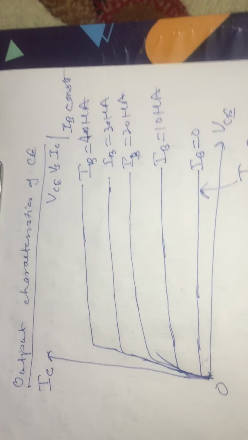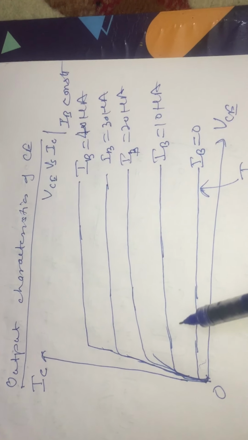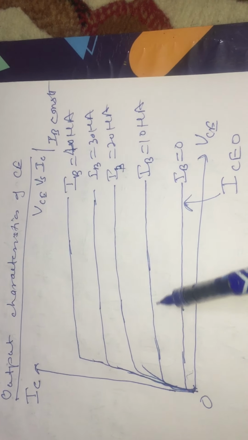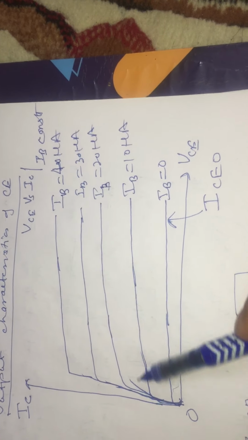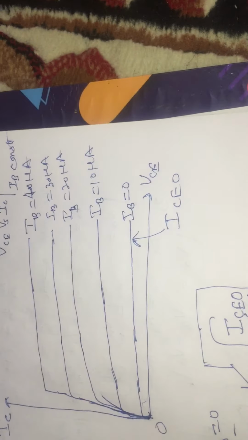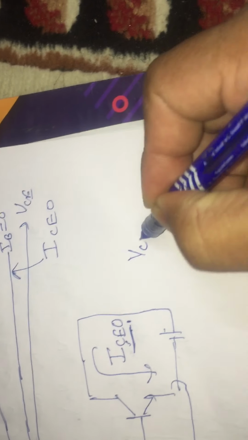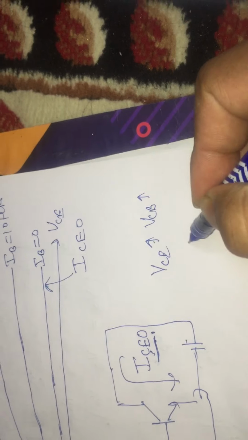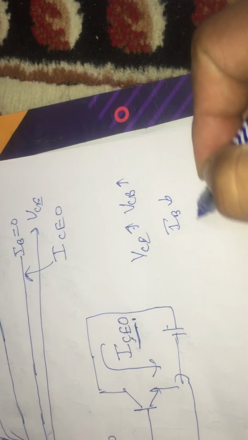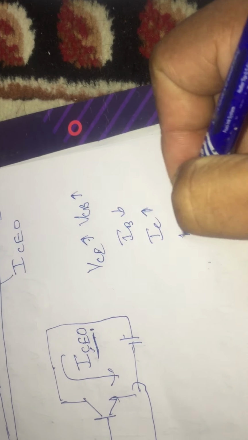Now the curve, this current is approximately horizontal, but there is slight variation in the curve. Why is there slight variation? It is because when we increase VCE, which further increases VCB, it decreases IB, increases IC, and increases IE.